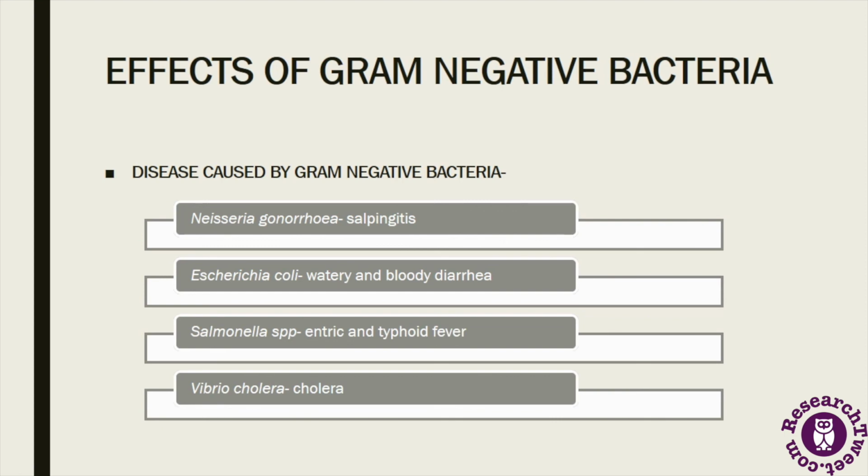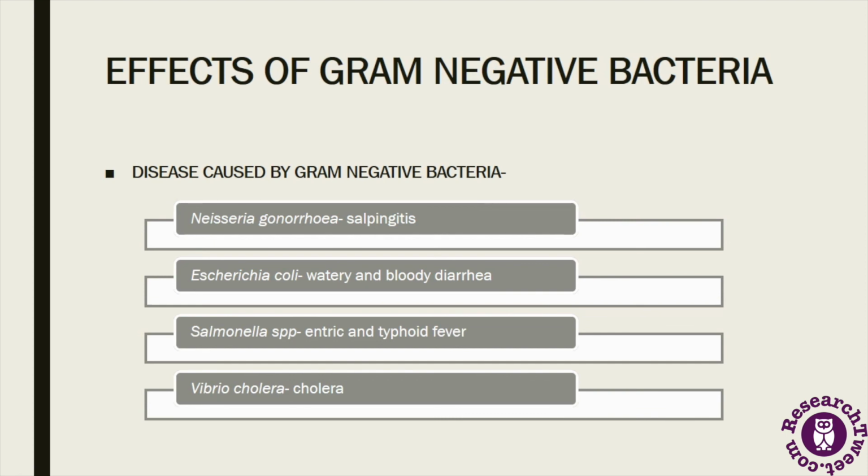A species named Vibrio cholerae, which is very common, causes cholera disease, which is associated with profuse watery diarrhea with a heavy loss of fluid. Sometimes it also causes death, and it is a deadly and very serious disease.